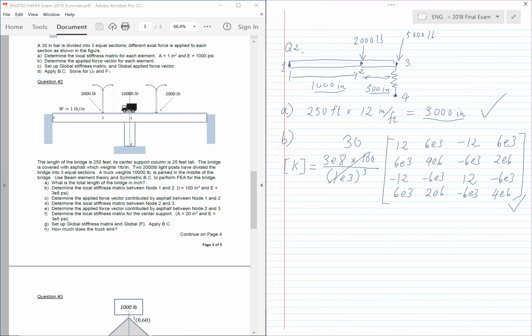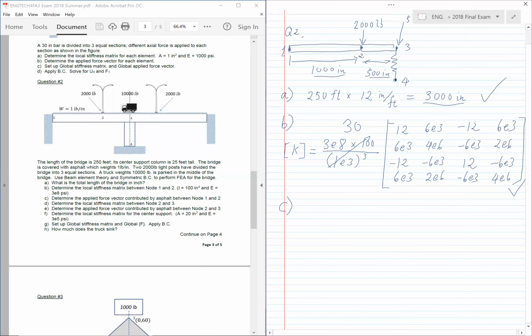Okay, the next question is C. Determine the applied force contributed by the distributed load between nodes 1 and 2. Oh yeah, that's right, there's a distributed load applied to it, 1 pound per inch. So the force vector. Oh, by the way, I should name it.